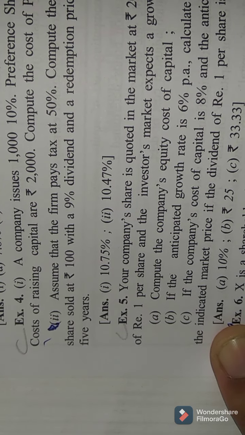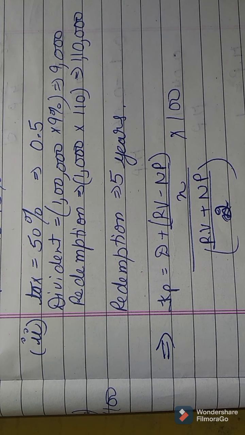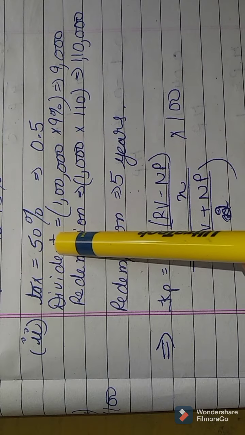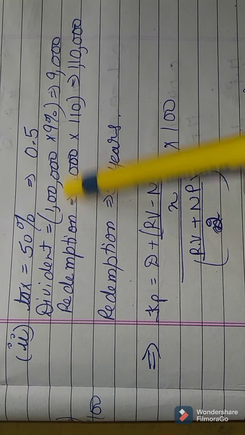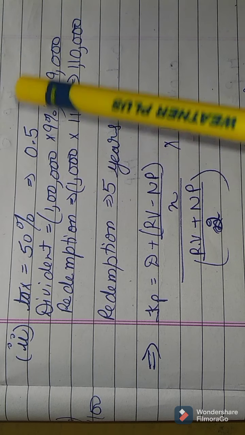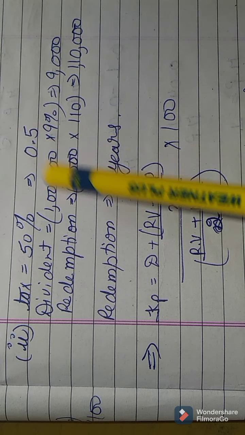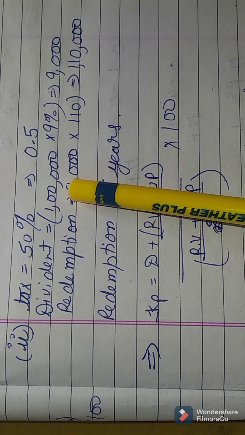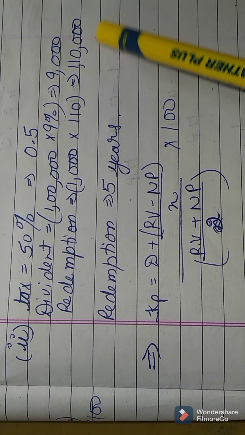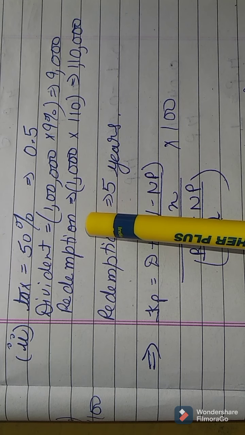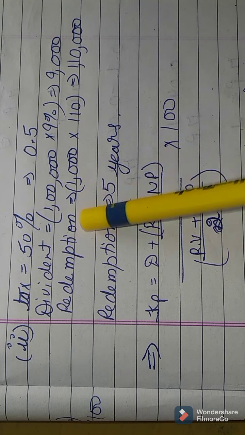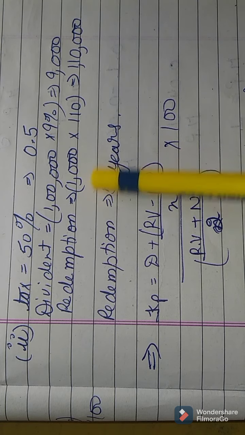Now we can easily calculate it. Now tax is 50%. It means that it is 0.5. Dividend 9% on the face value of preference share, the amount of preference share, which is 1 lakh. 9% on 1 lakh, because 1 lakh is the value of preference share. Now we get 9,000 as dividend. Redemption is always calculated on the number of preference shares.